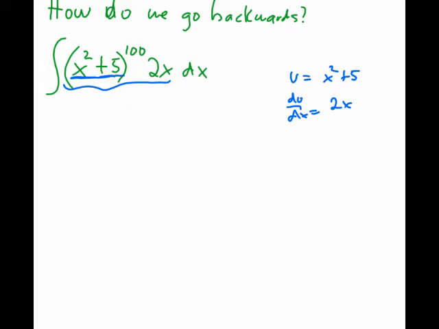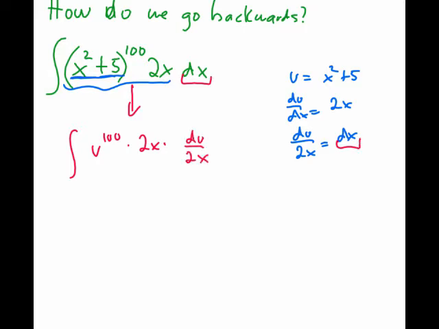And what I'm going to do here is isolate for dx, so I'm going to get du over 2x equals dx. The whole idea is we're going to rewrite this expression involving u. So we've got the integral of u to the 100 times 2x times dx, which is du over 2x.